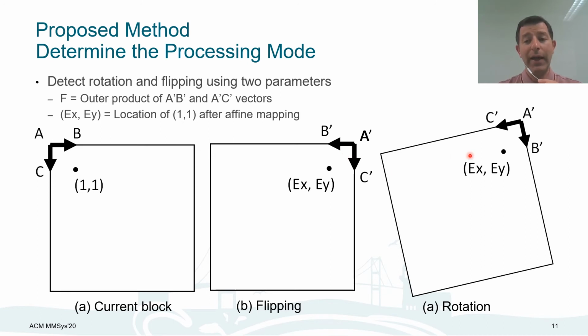or not. And for rotation, based on this example, we check where this (1, 1) point maps to after the affine motion transformation with respect to this corner. Based on its location, we can detect if there is around 0 degree, 90 degree, 180 degree or more rotation.